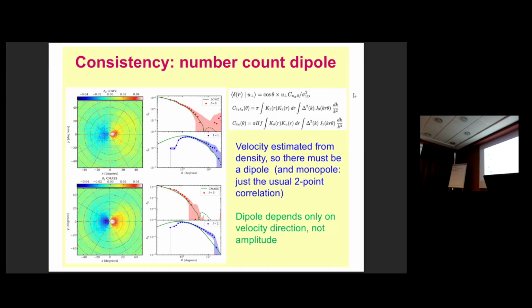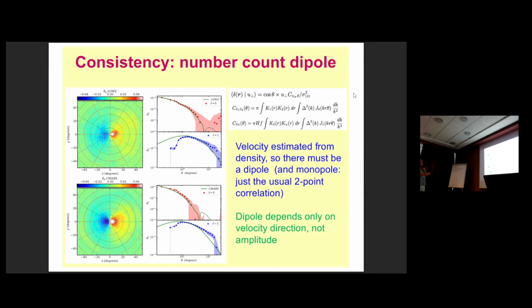So now here's the important thing: when you stack the map, there's also a monopole. Because if you just stack galaxy density around the location of galaxies, the map that you're making is actually the two-point correlation function. It's the additional density of galaxies around another galaxy. And that's shown in red up here.